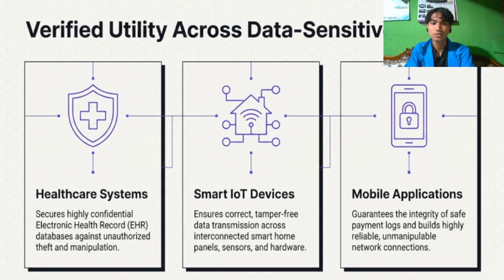Verified utility across data-sensitive sectors. The study shows that blockchain is already used in many important areas. First of all is healthcare systems. Secures highly confidential electronic health record, or EHR, databases against unauthorized theft and manipulation. Second, smart IoT devices ensures correct tamper-free data transmissions across interconnected smart home panels, sensors, and hardware.